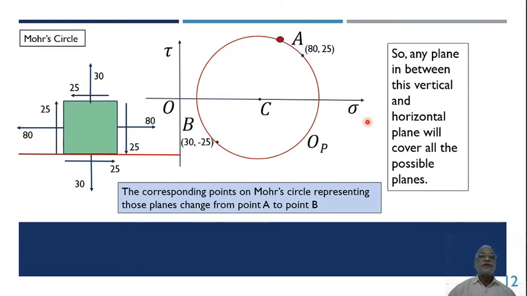Look, those are the points representing those planes. Now what is this? When I told you, when you rotate this plane in a clockwise manner, you will be covering another set of planes which are exactly perpendicular to the planes now being shown by this line, right? So they will be representing from B to A all the points. That's all.